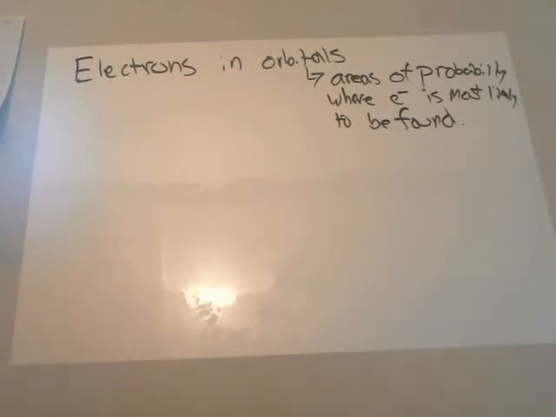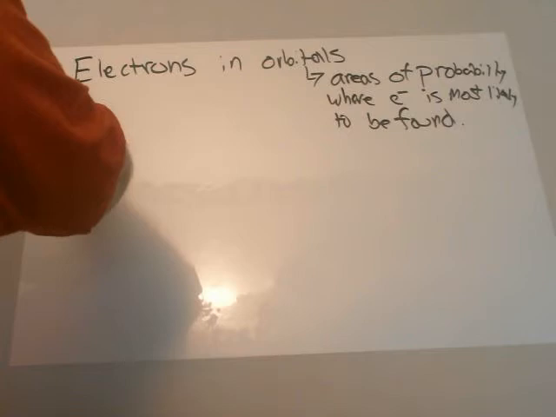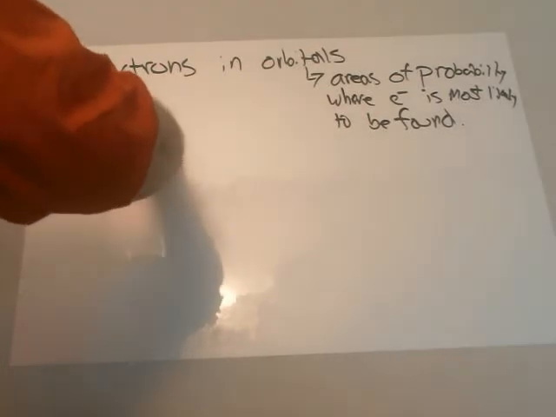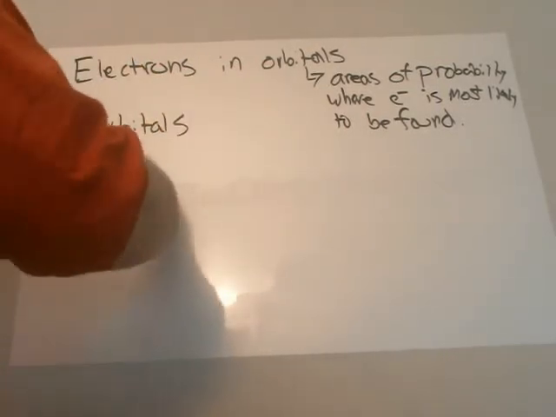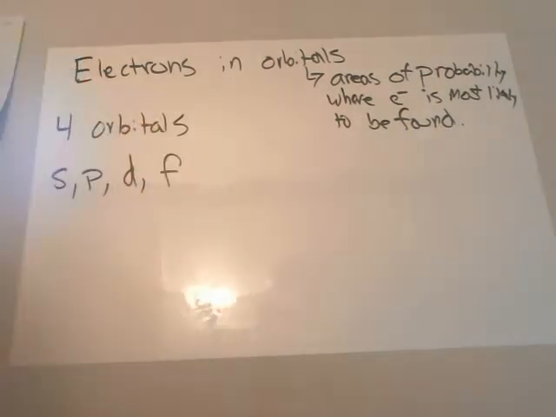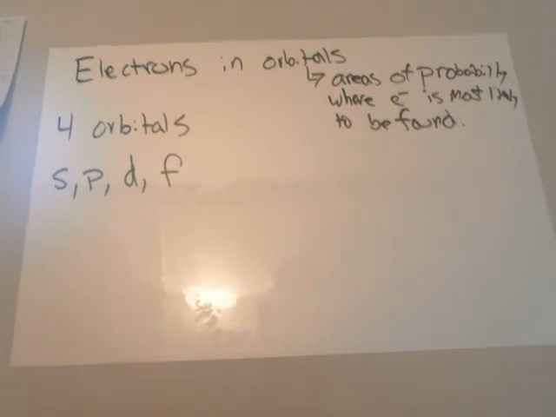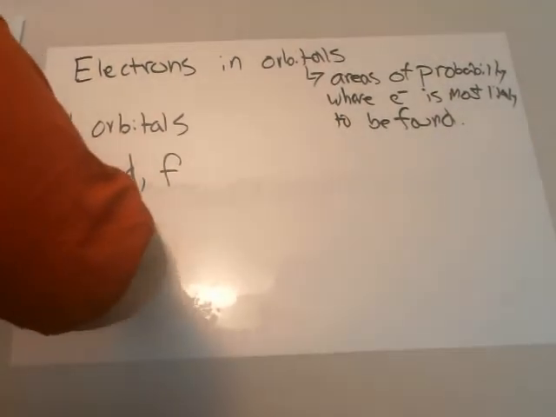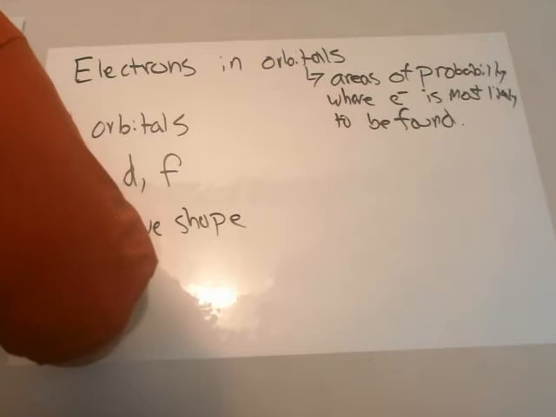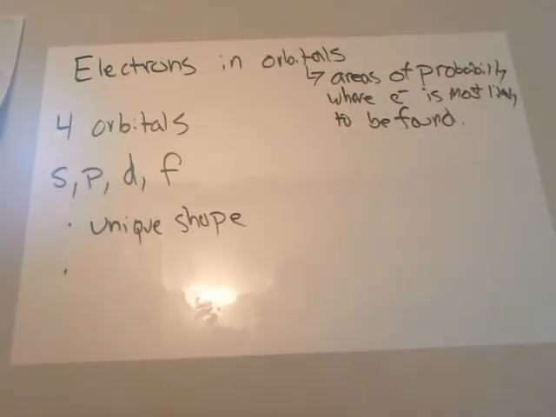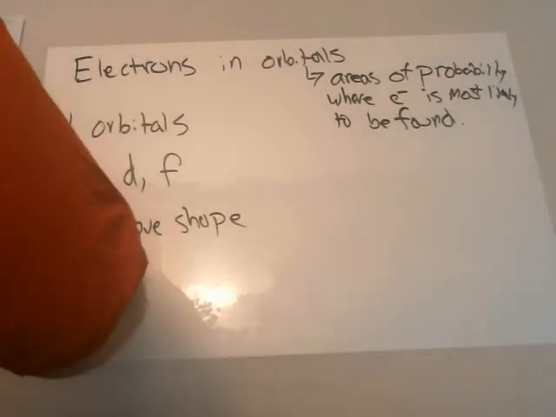There are 4 principal orbitals, and they are the s, the p, the d, and the f. And each orbital has its own unique shape and can hold a certain amount of electrons.